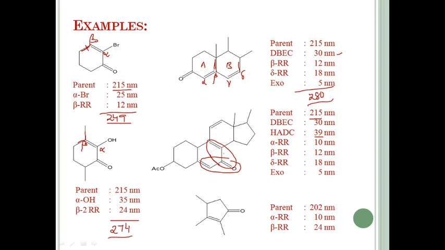Next, this is the alpha portion, this is the beta portion, this one gamma, and this one is delta. For alpha there is one ring residue, for delta one ring residue, and for beta also we are having one ring residue. There is no ring residue or substituent at the gamma position.